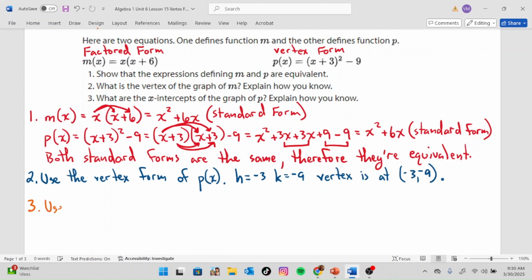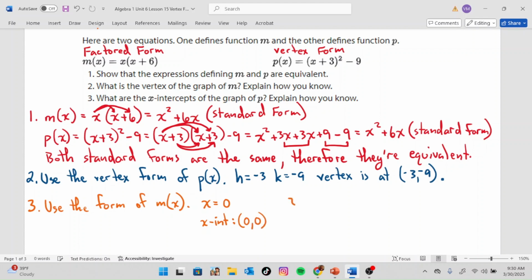So we're going to use the factored form of m of x. And when we do that, we're going to say x equals 0. So the x-intercept is at the point 0, 0.